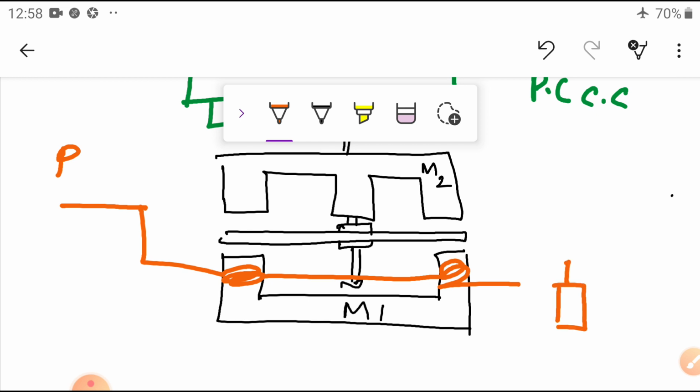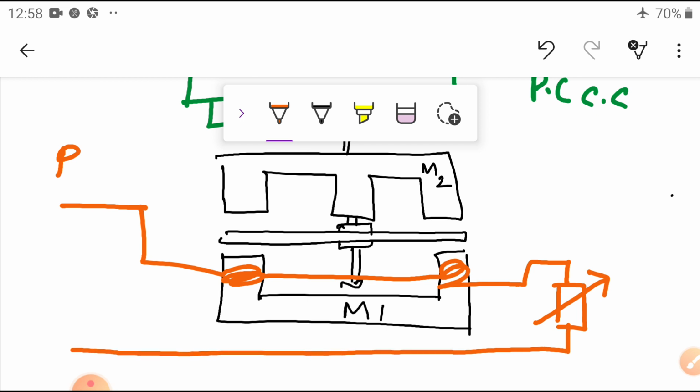The load is variable and is connected to the neutral. This is the N. It is connected to the CC coil. We can see the CC coil is connected in series with our load.